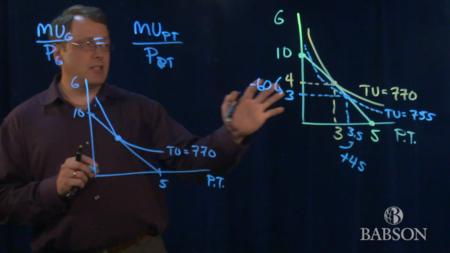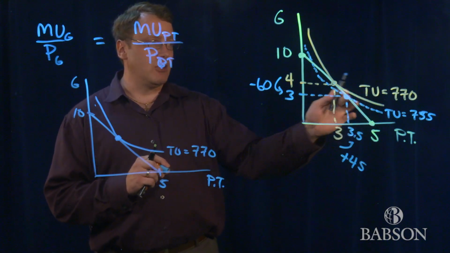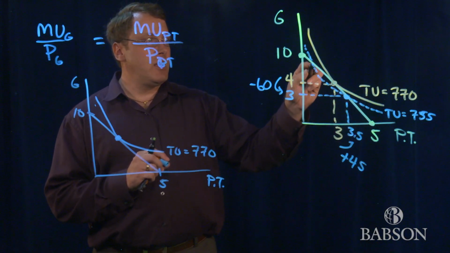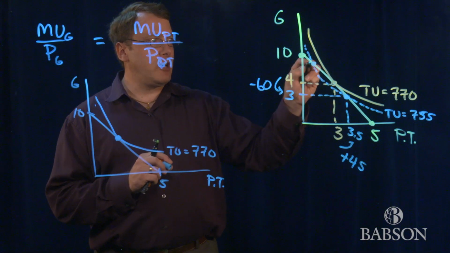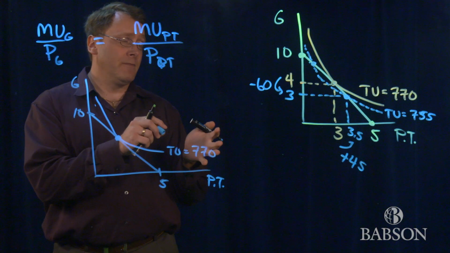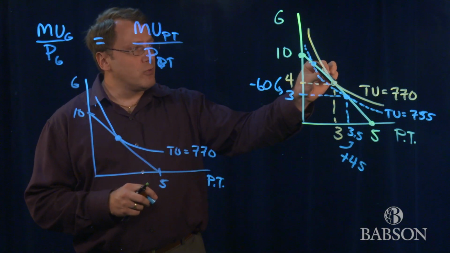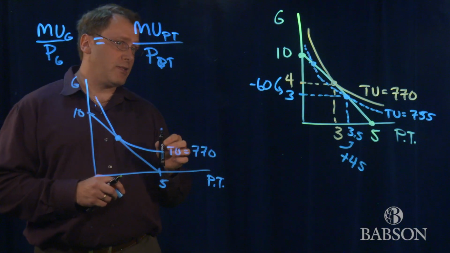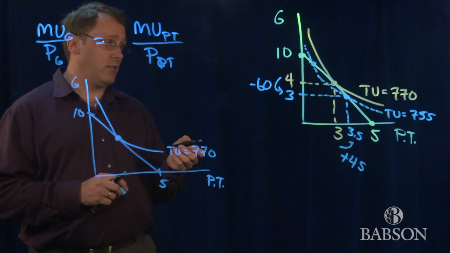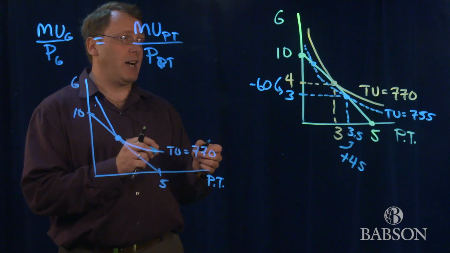Well, we can see in the previous graph that this point here on the lower indifference curve, even if we look at the two combinations that are on the budget constraint, we're spending all of our money, but we're not maximizing our utility. Because there's room between those 2 points on the budget constraint, that tells us that there's some other combination that must be higher.